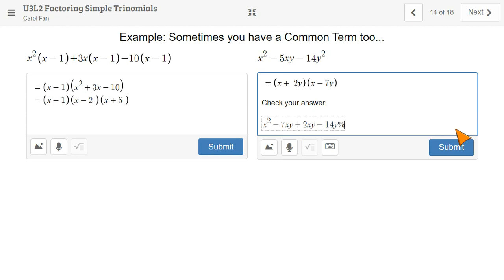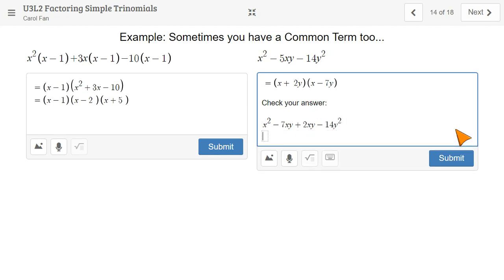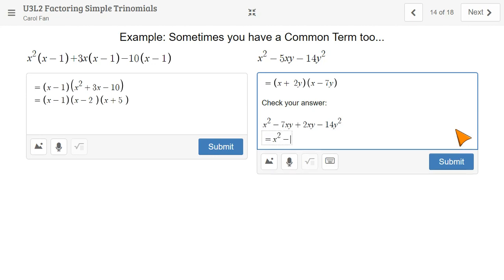Minus 14y squared. Let's collect our like terms. So x squared minus 5xy minus 14y squared. You see how these two, they're the composition of what makes our middle term. And this is why we get the factors of C that add up to B.